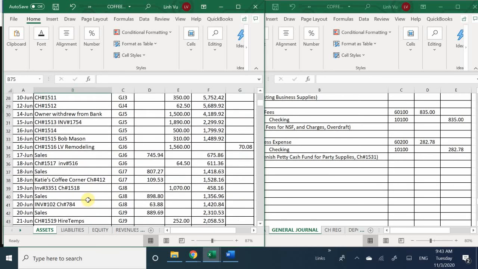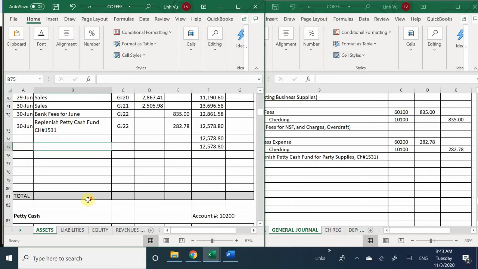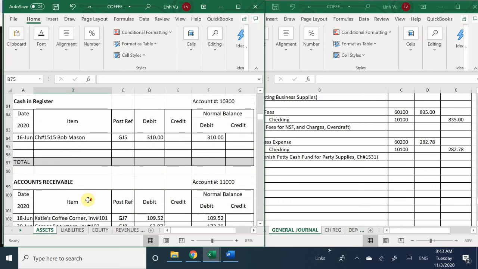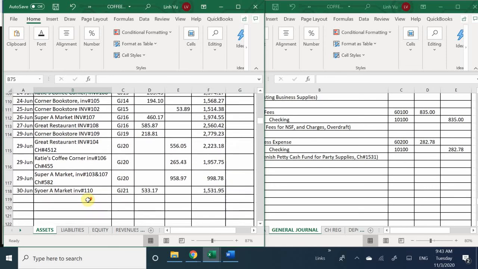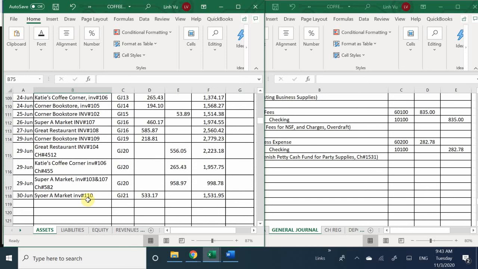So here's our ledger in our accounts receivable. So that's petty cash, cash in register. Here's accounts receivable. What is our balance going to be? $1531.95.